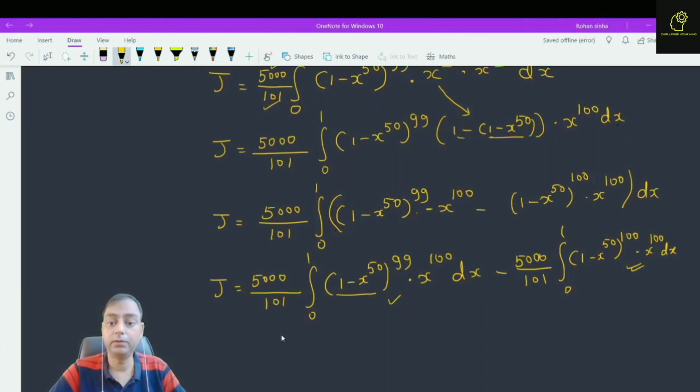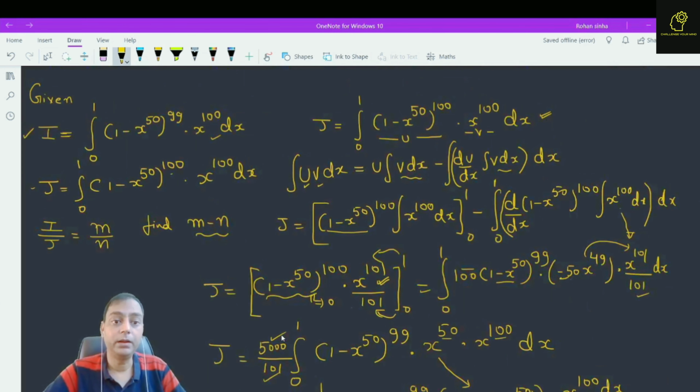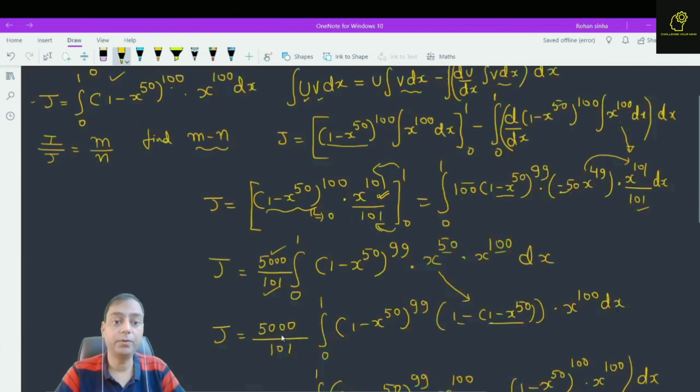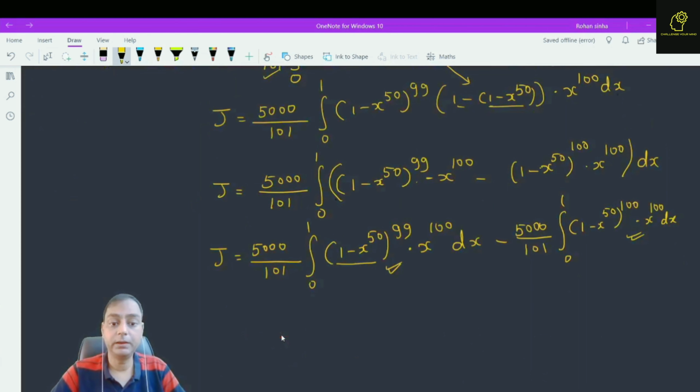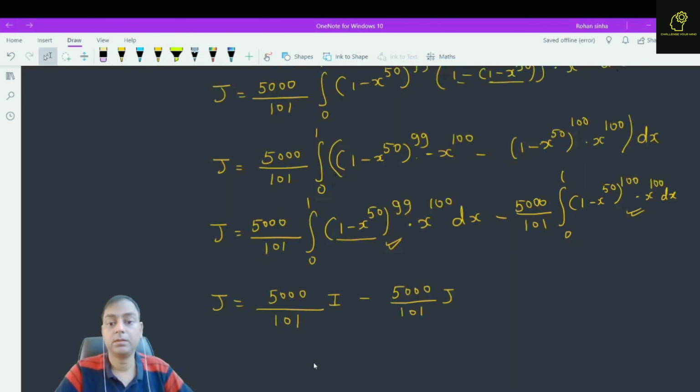Comparing from here, this is our I and this is our J. So J is 5000 by 101 I minus 5000 by 101 J.